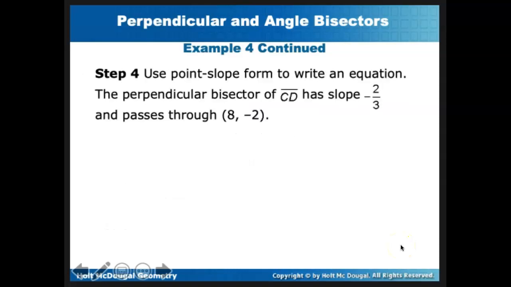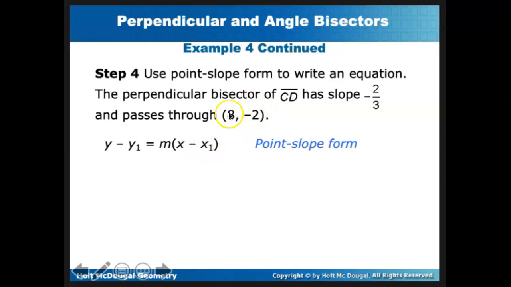Now we're going to use the point slope formula to write an equation. The perpendicular bisector of CD has a slope of negative 2/3, and we know that it passes through (8, -2). So we can put it in point slope form. Y minus y1, remember your y stays, your x stays. Your y1 is replaced by your value here.